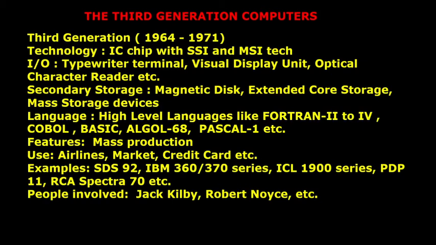Some examples of the third generation computers are STS-92, IBM 360/370 series, ICL 1900 series, PDP-11, RCA Spectra 70, etc. And the people involved in building these were Jack Kilby and Robert Noyce.